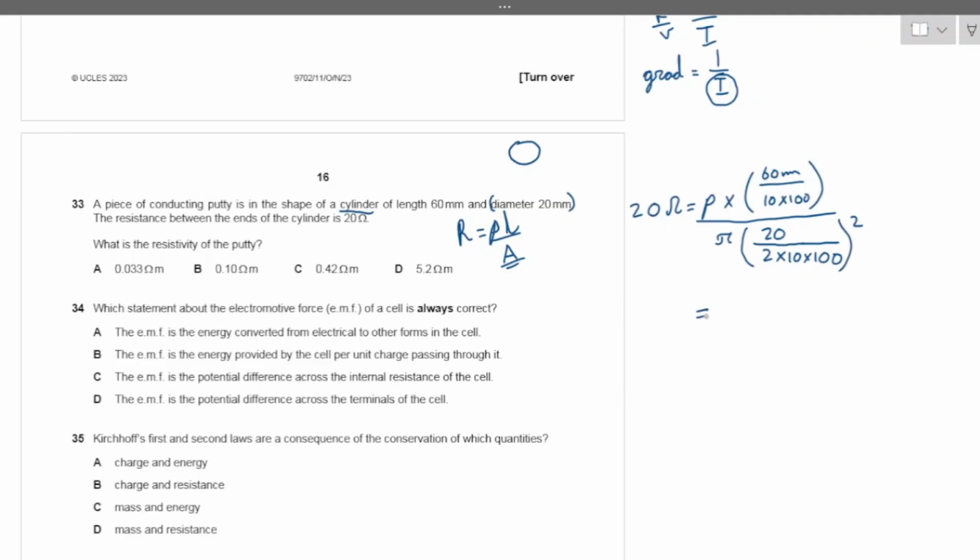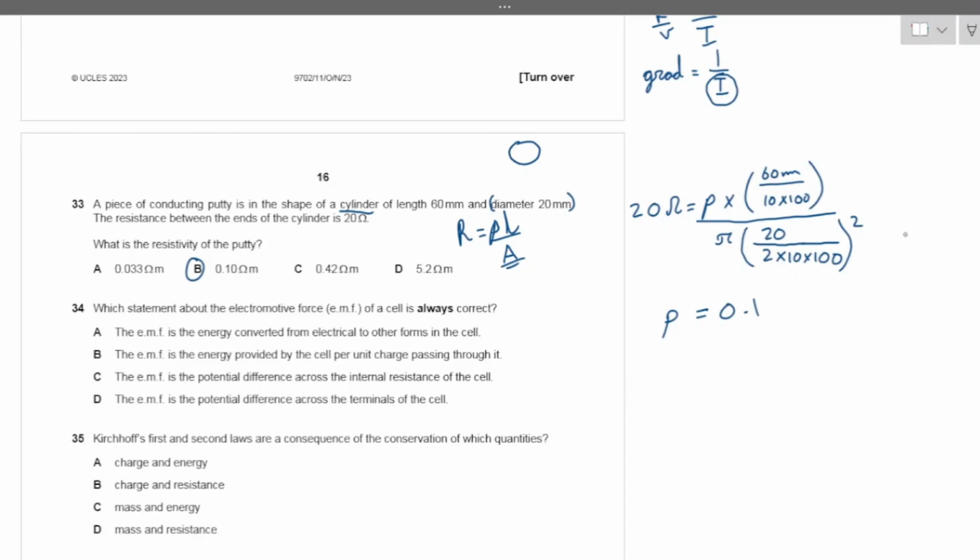Then you can put it in the calculator. That would be 60 over 1000, then pi, whole squared, 20 over 2 in 1000. Calculate and you would get your answer as 0.1, the resistivity. Therefore, option B is correct.